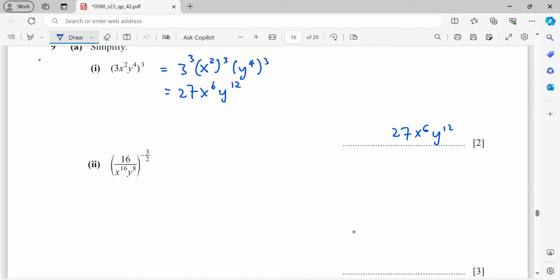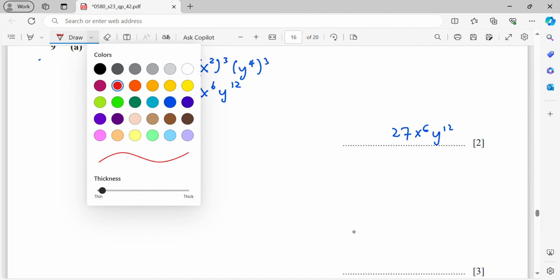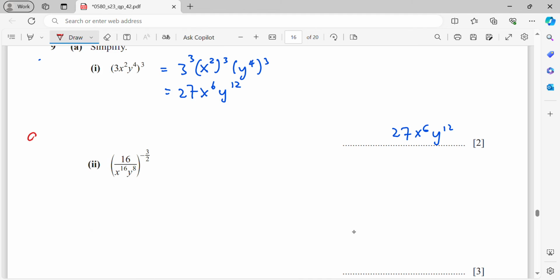Now for part 2 is the same. The power negative, you just bring it in. Okay, I don't want to bring it in so fast, so I will use this formula. A power negative m is the same as 1 over a to the power of m. So because of the minus, I take 1 over.